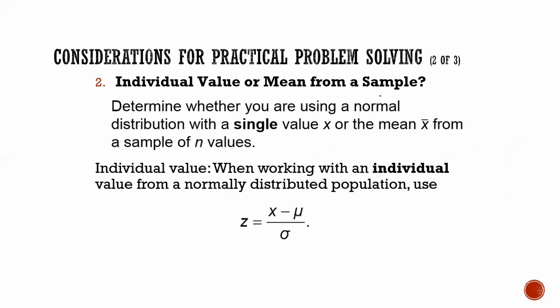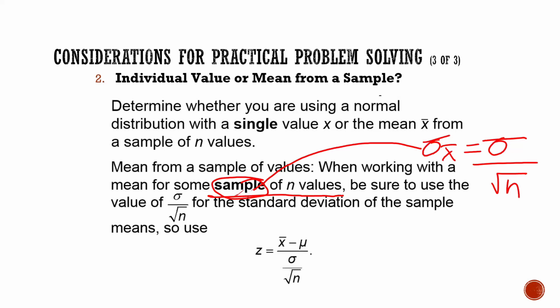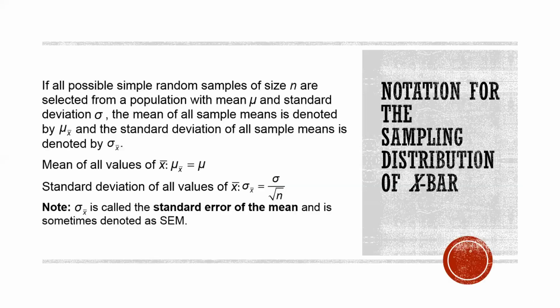This would be, what's the probability if I randomly select one person that their weight is over 150 pounds?